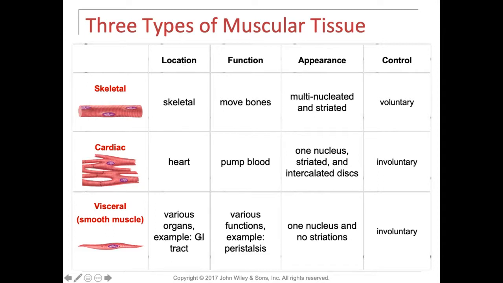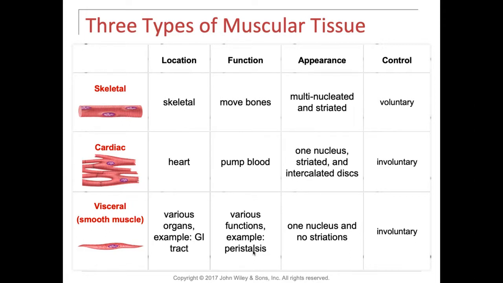If we are talking about the gastrointestinal tract, the smooth muscle that surrounds the intestines, when those muscles contract, the muscular contractions are referred to as peristalsis. That is the smooth muscle contraction that moves food in the direction that food should move.